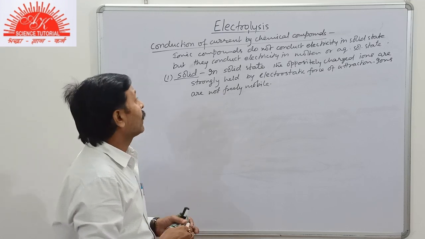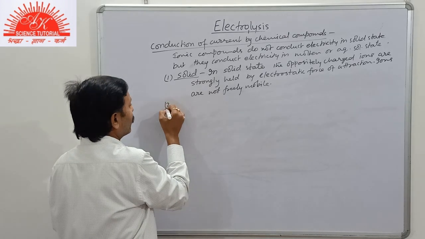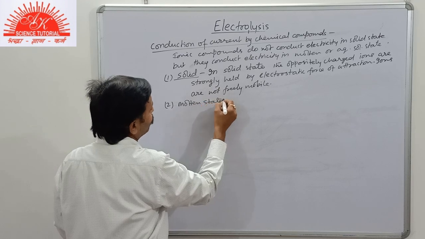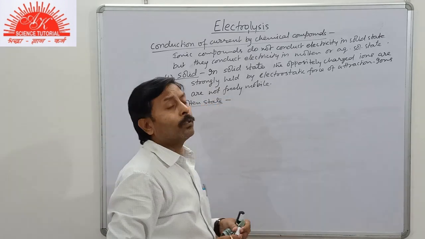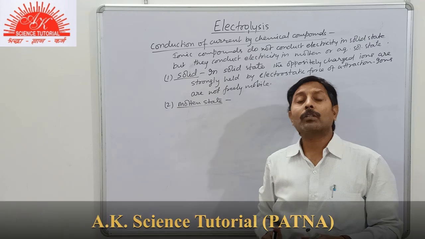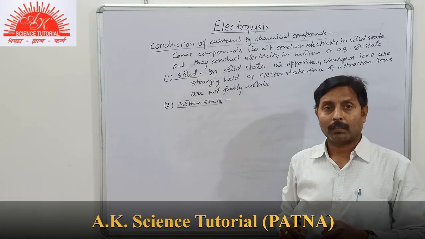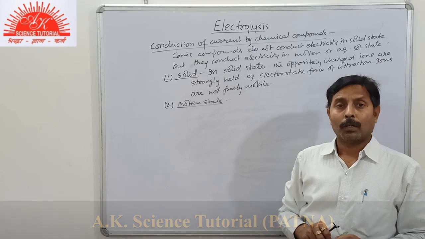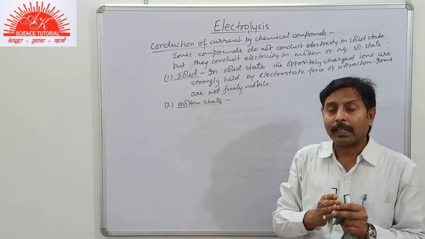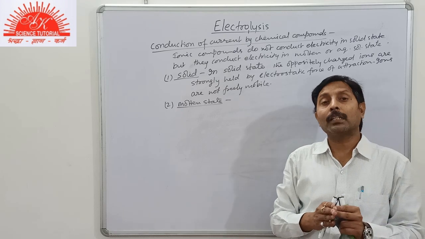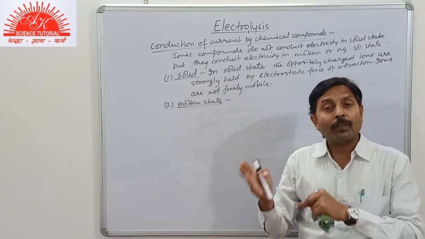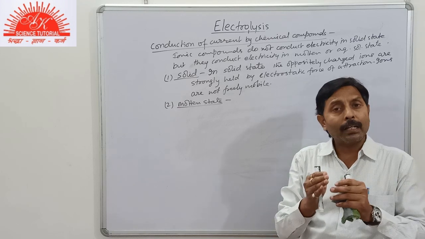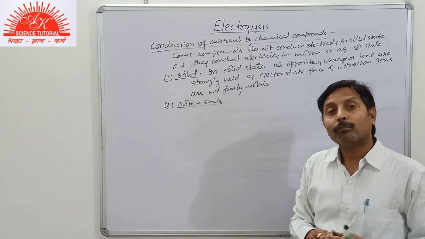Now, the molten state. As we know that ionic compounds have high melting point. So the large amount of heat required increases the kinetic energy of the particles, and they break the force of attraction between the ions. As a result, when they melt, ions become freely mobile.